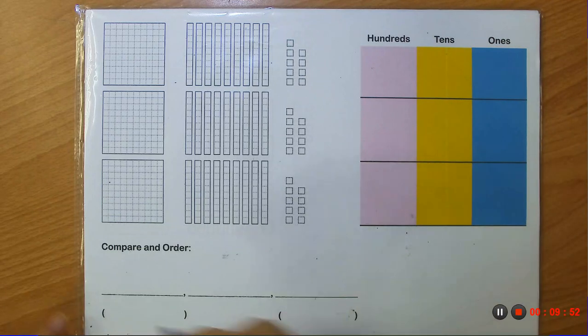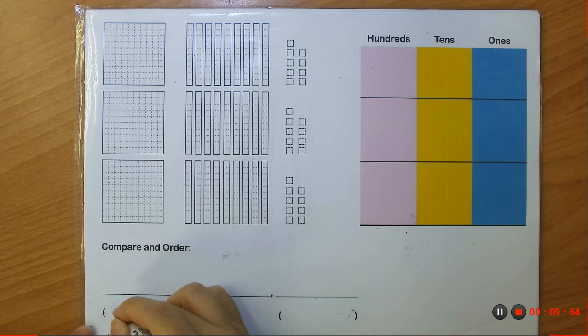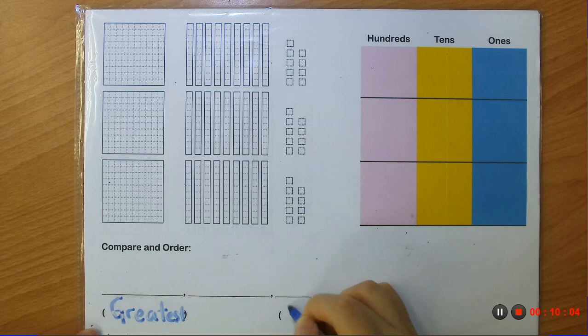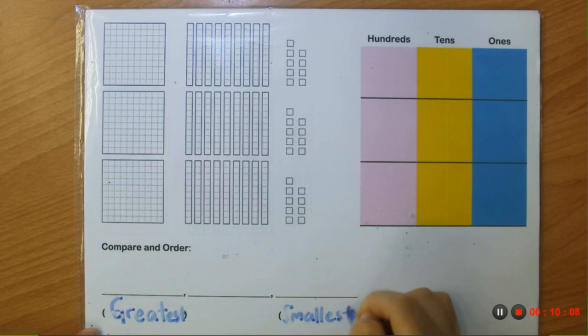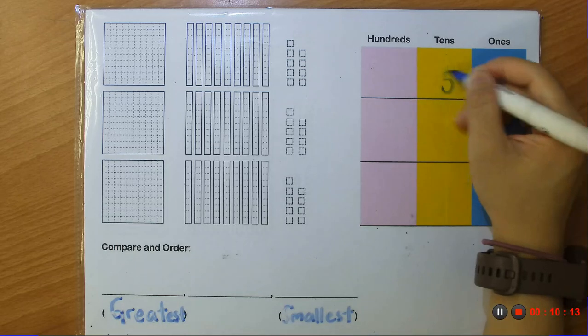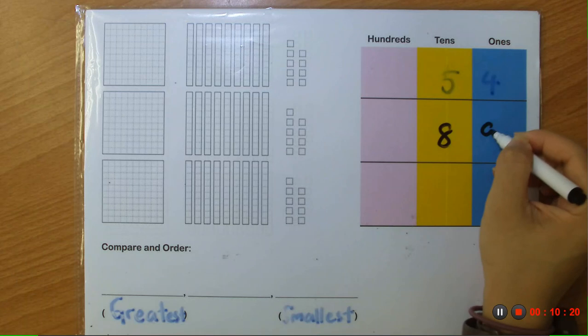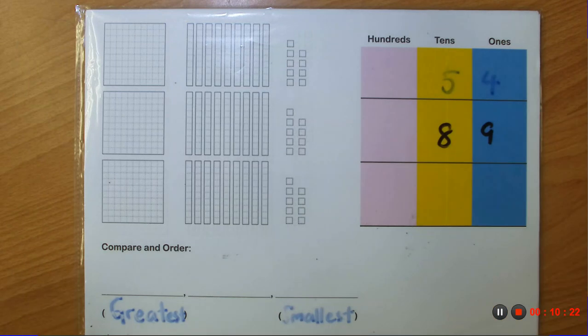This time, I want to begin with the greatest and end with the smallest. The three numbers we have: 54, 89, and 36.